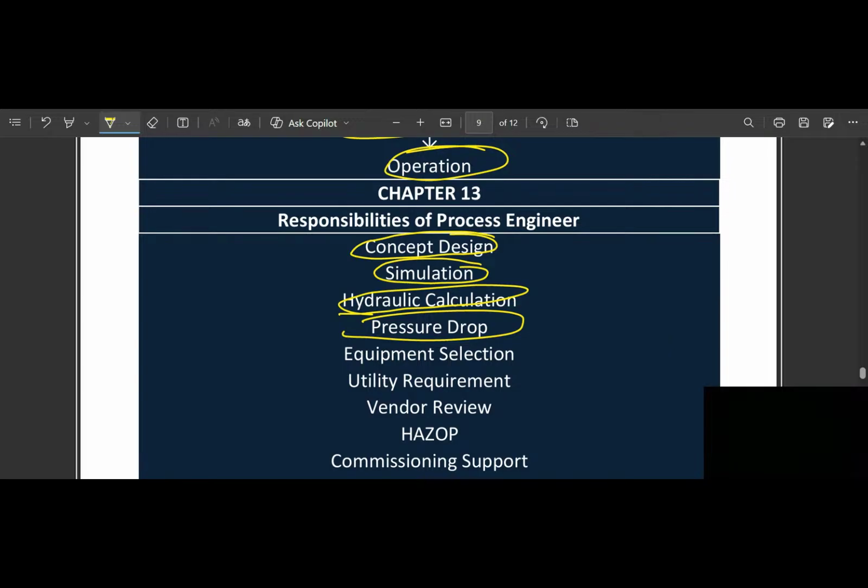Then you select the right equipment for that particular process. Then utility requirement: how much utility and what type is required. We are responsible for utility selection, so we calculate how much flow rate is required per hour and what type of utility is suitable for that process.